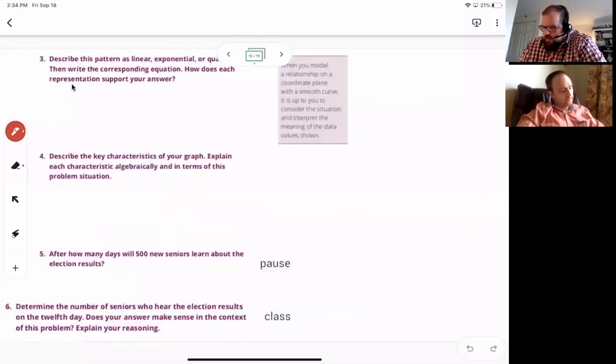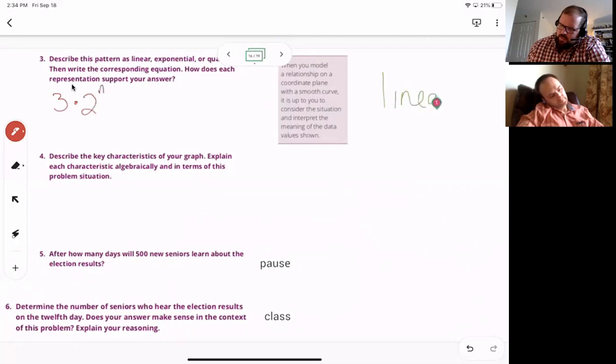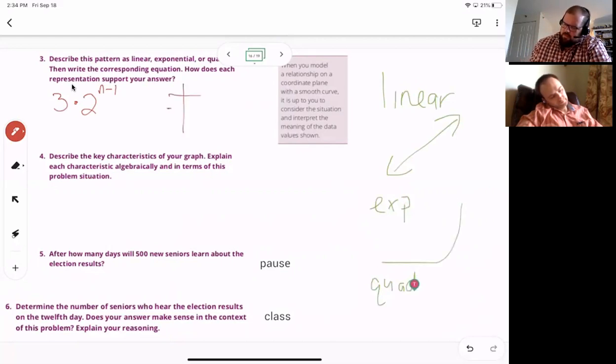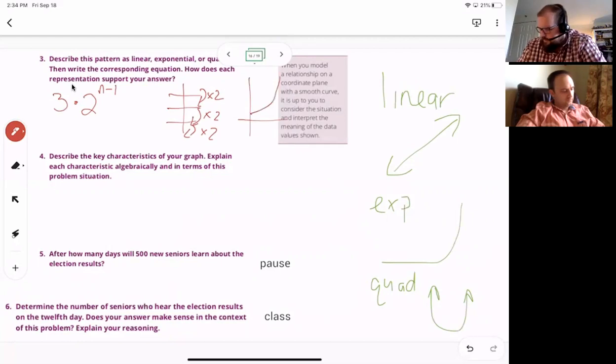All right, so we're describing this pattern as linear, exponential, or quadratic. We said that the pattern was 3 times 2 to the n minus 1 power. And then the table, we had times 2, times 2, times 2, and our graph looked something like this.